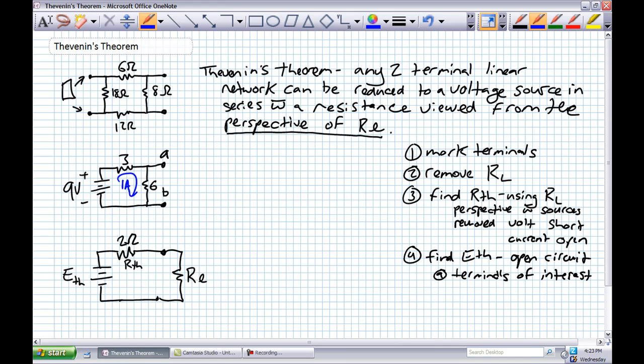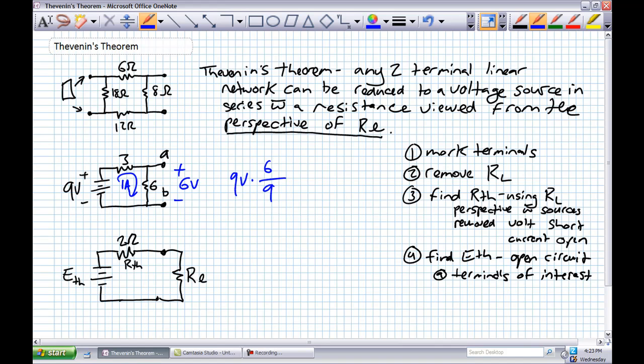When 1 amp of current is flowing through a 6 ohm resistor, because it's in series, we should get a plus to minus 6 volt drop. Another way to do this, because it's a very simple circuit, is the voltage divider rule: resistance of interest divided by total resistance times total applied voltage.